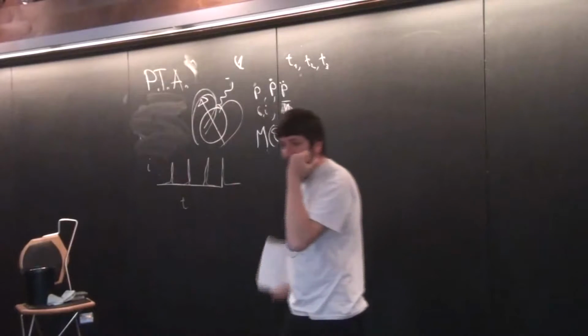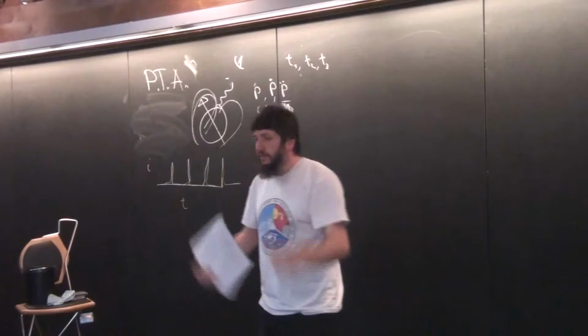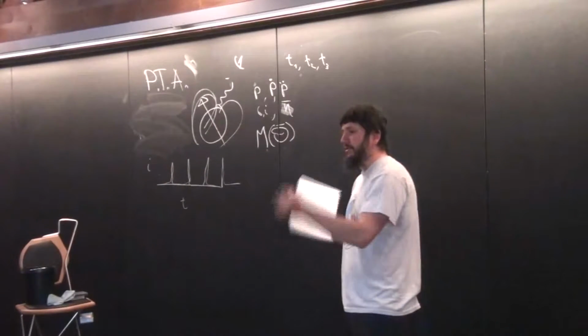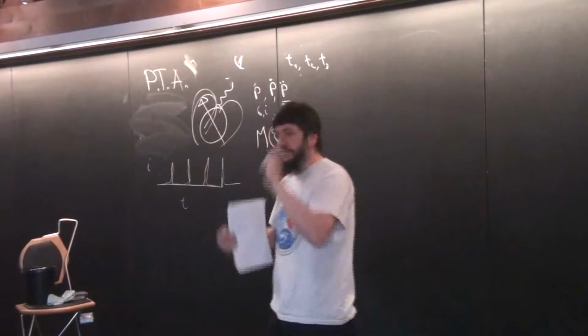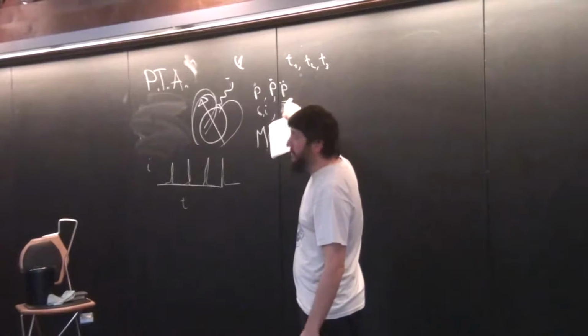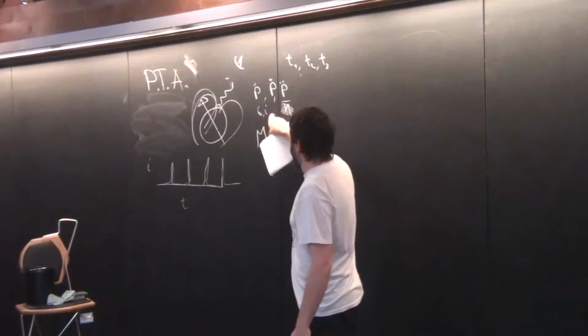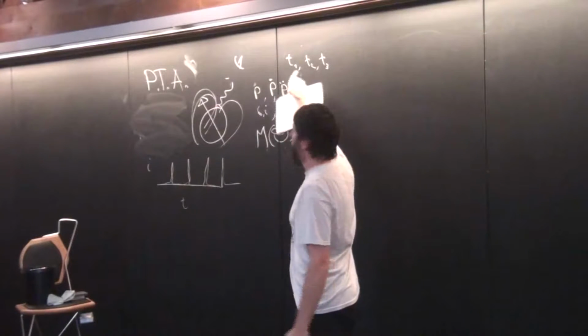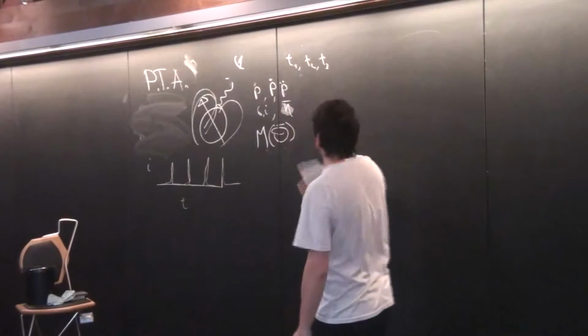So if you are a good data analyst, you just take your Bayesian search in all the parameter space, and you basically find all the parameters to match your times of arrival, okay?